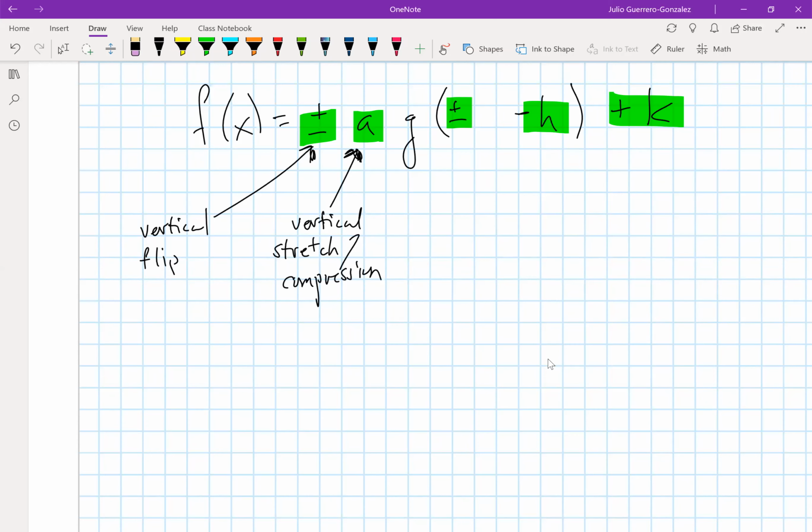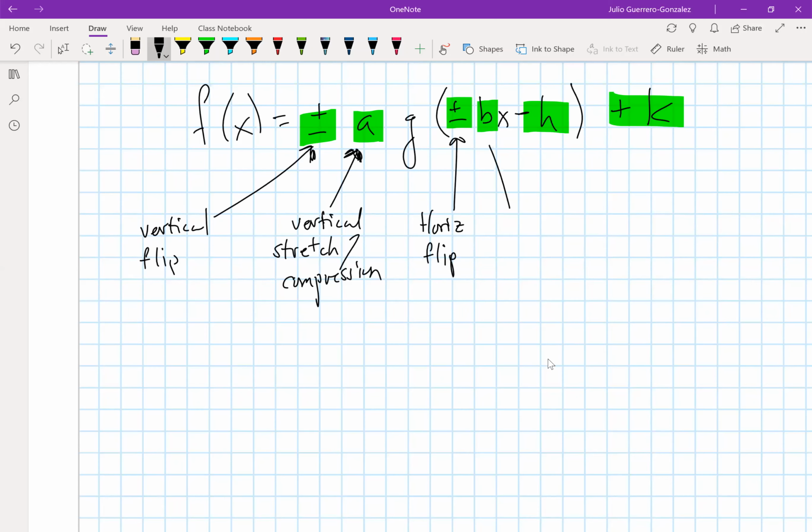Actually, let me add in one more here. What did this plus or minus do? Horizontal flip or stretch or shrink. Right, this is the horizontal. The horizontal flip.